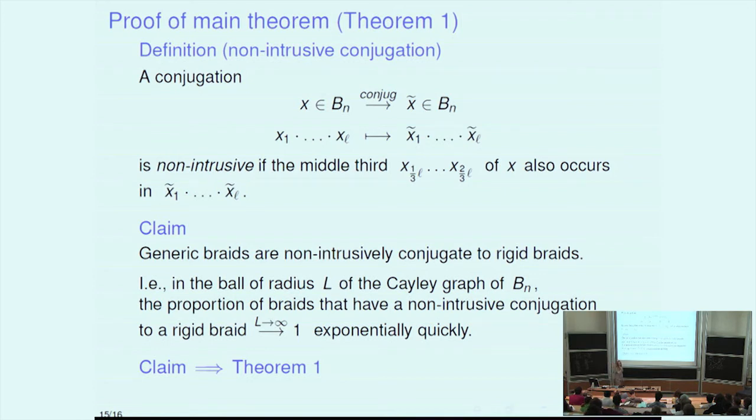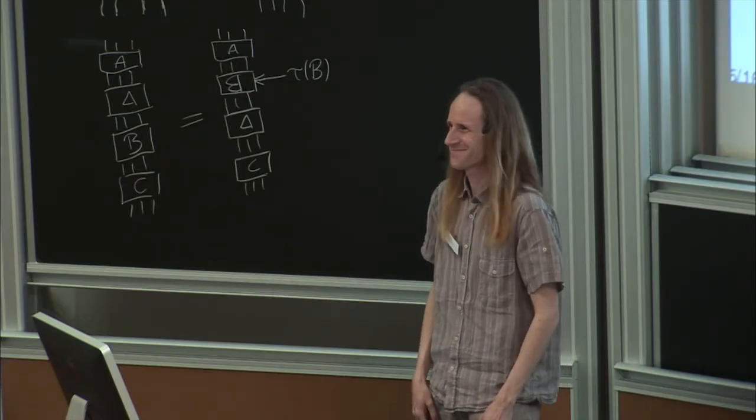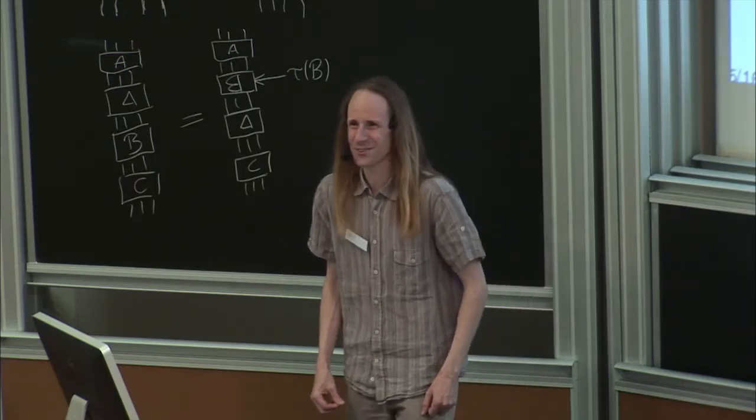But that middle third, we can be pretty sure that it still contains these two reducibility destroying subbraids. And that's the proof. That's all there is to it.